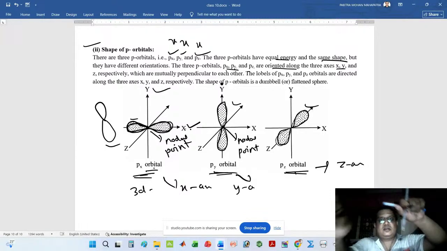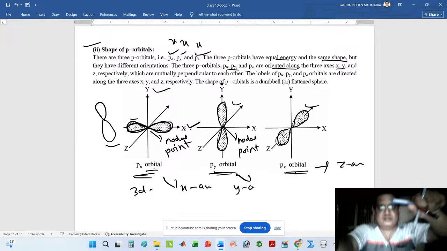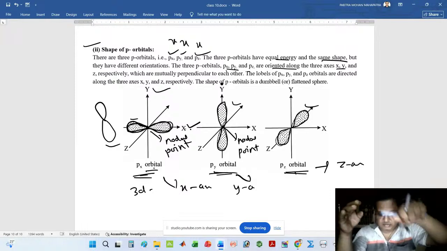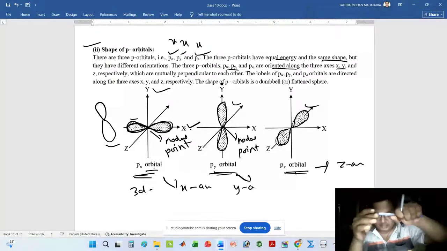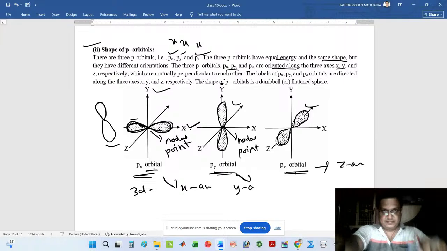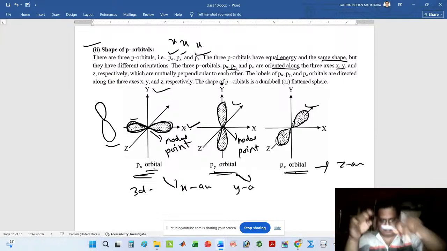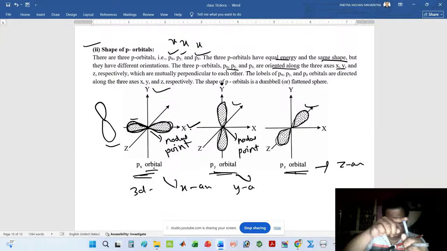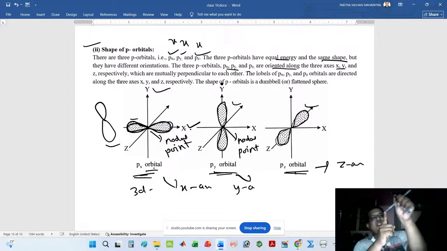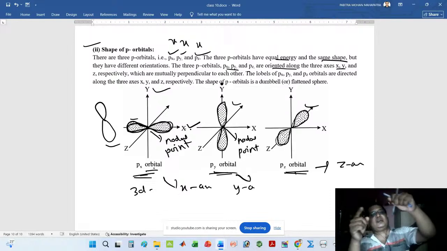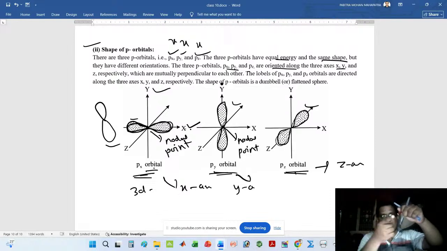Suppose this is your x-axis, this is your y-axis, and this is your z-axis. There are three axes present here. One is the x-axis, another is the y-axis, another is the z-axis. Look at that.